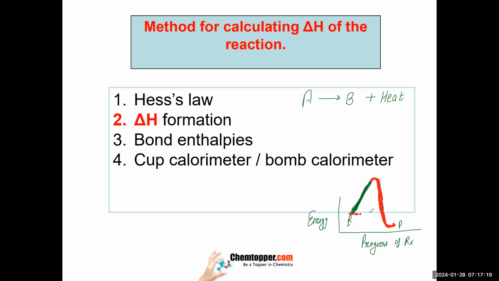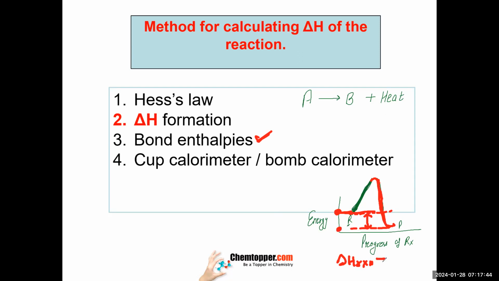The difference between these two energies is called delta H of the reaction. You will use bond enthalpy. This is called delta H of the reaction. In the energy profile, this is the energy of the reactant and this is the energy of the product.